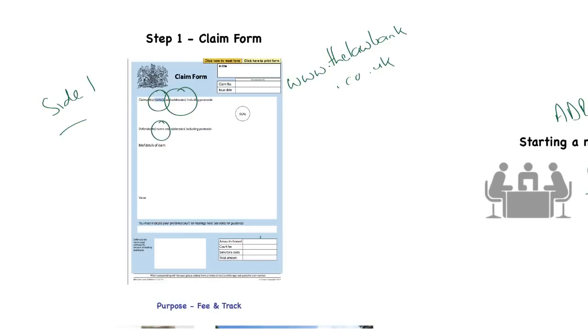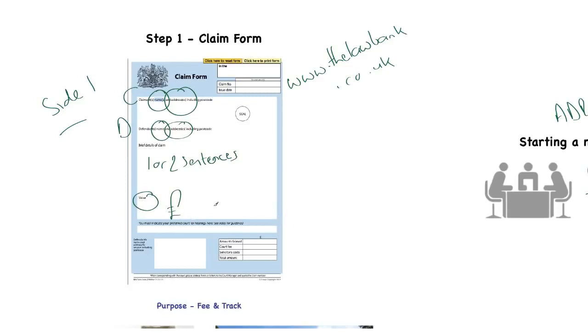So we've got the claimants, this is C and this is D. So you would have to put down your own name and address and the name and address of the defendant and the very, very briefest details. So 1 or 2 sentences explaining the brief details of the claim and then the value, how much you think that's worth.